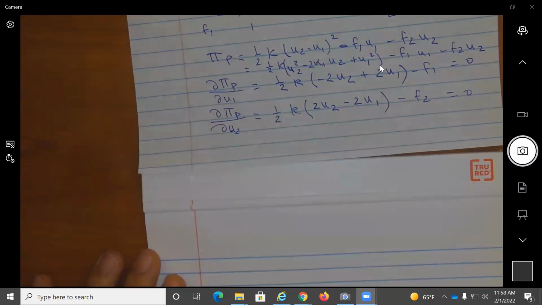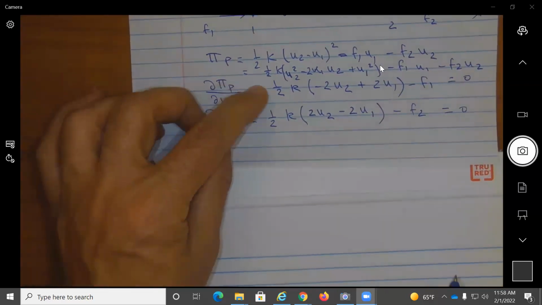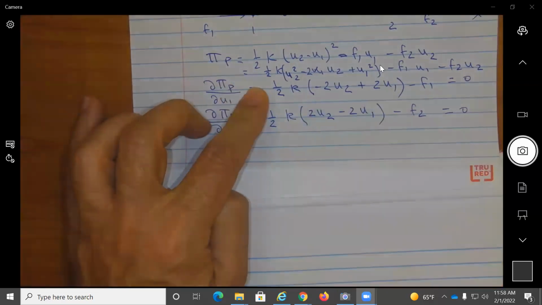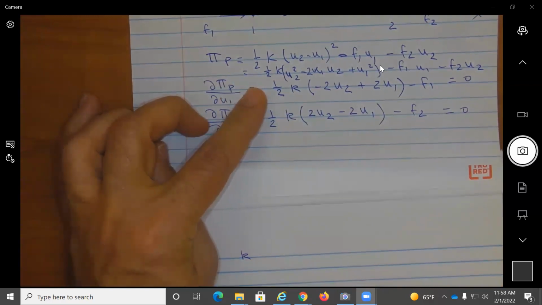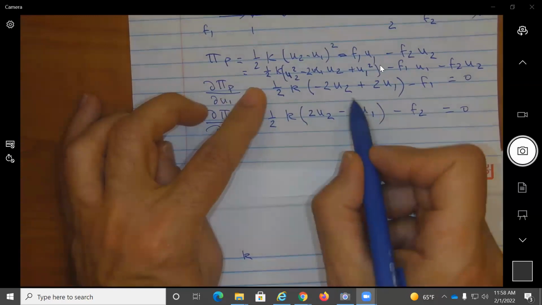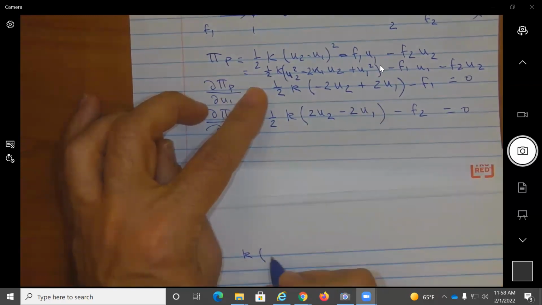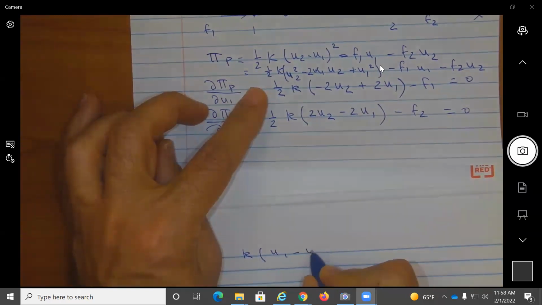So the first equation, you see I have here a half and a minus 2 and a 2. So I can write that as a K. And I'm just going to change the order. So I'm going to have a U1 minus U2.